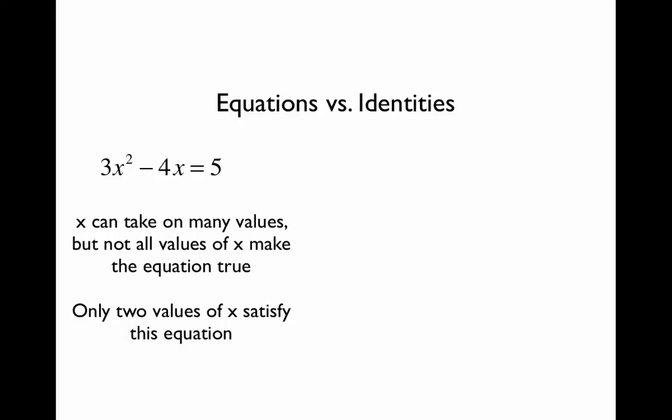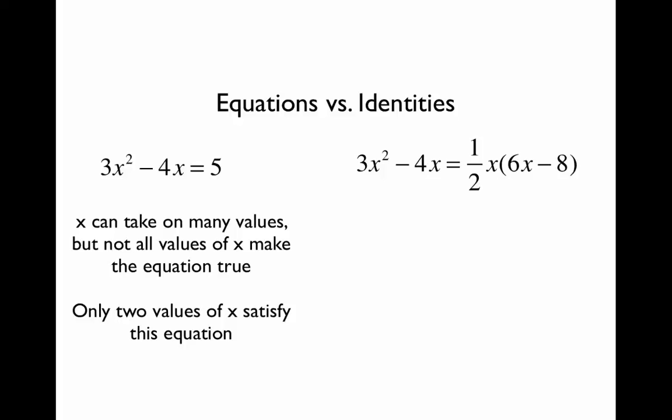In this particular case, there's only 2 values of x that make it true. But again, our concept of x isn't just those 2 values. It's any possible value that whatever quantity we've assigned it to could assume. So you have an equation like this, and it says x could take on many values, but only 2 of those would make this true.